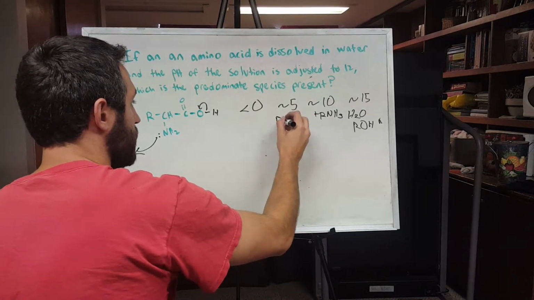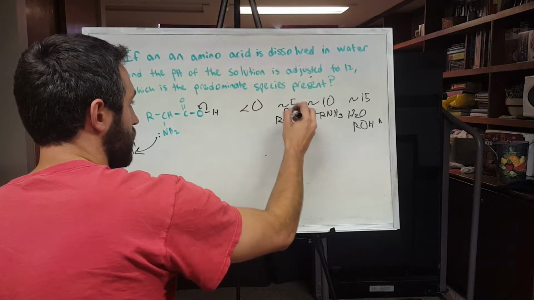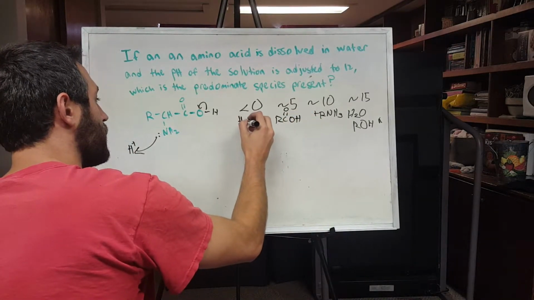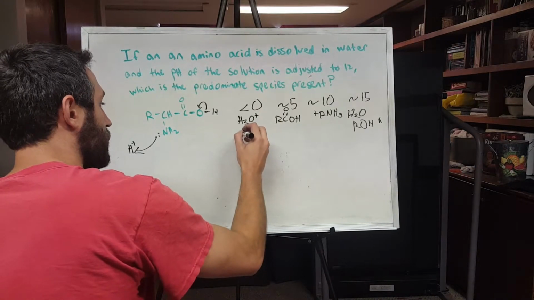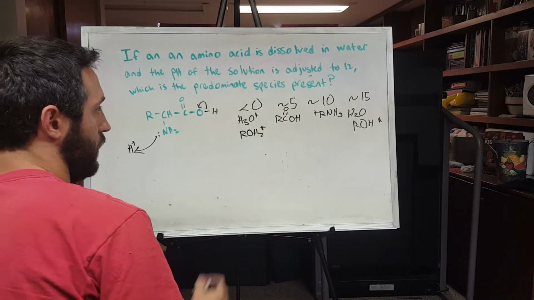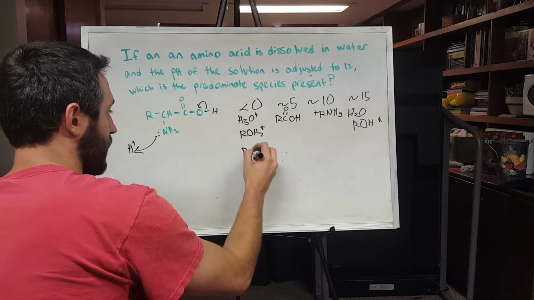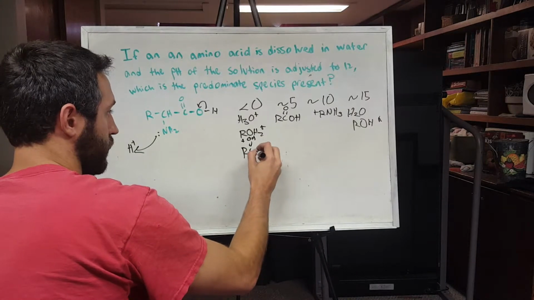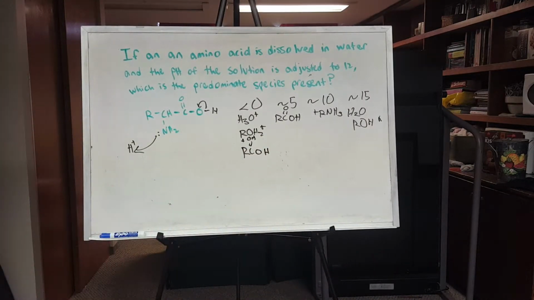Approximately 5 is carboxylic acid. And then less than 0: H3O plus, ROH2 plus, and protonated carboxylic acid. So these are some pKa's you should know off the top of your head.